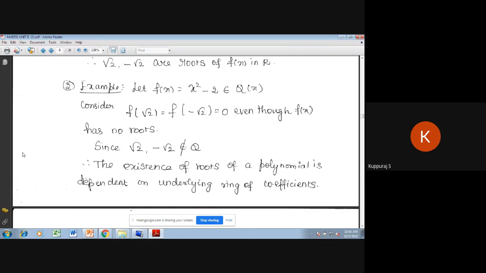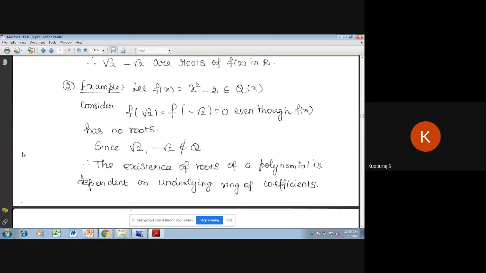So replacing x by plus or minus root 2 will satisfy the given polynomial, but plus or minus root 2 are not roots of the given polynomial, since plus or minus root 2 does not belong to the set of all rational numbers.